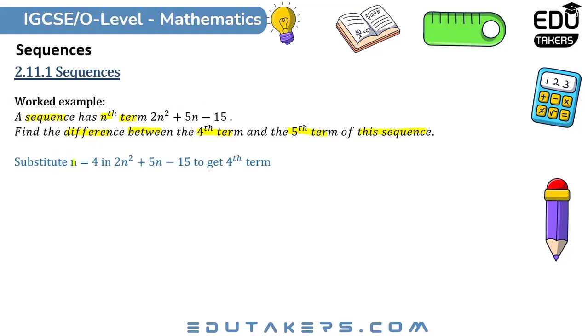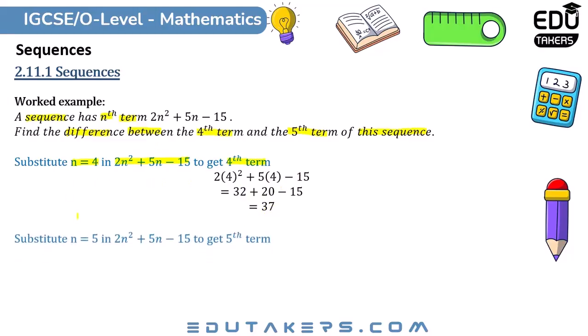So substitute n equals 4 in this nth term to get the fourth term. It will be equal to 2 times 4 squared plus 5 times 4 minus 15 equals 32 plus 20 minus 15 equals 37. The fourth term of this sequence is 37.